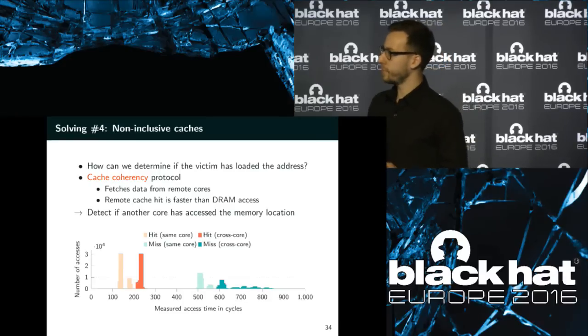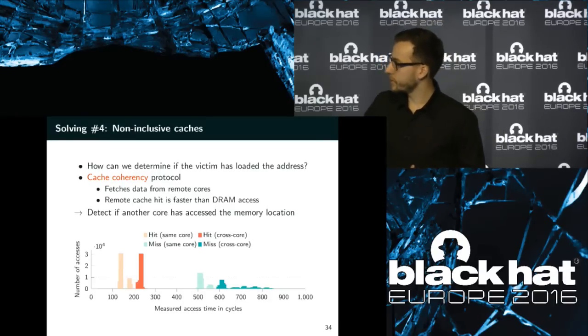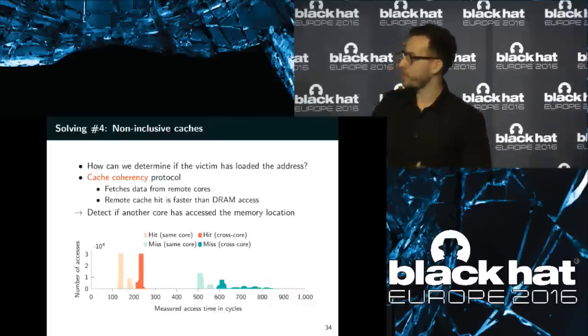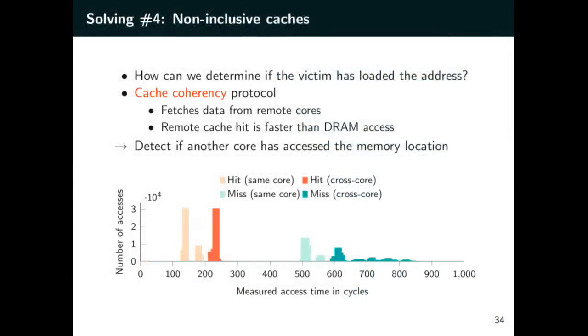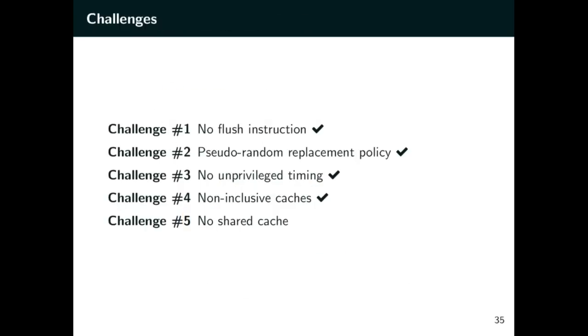And as you can see on the plot, while it takes roughly 100 cycles more to load the address from another core, it's still much faster than if we would have to make a memory access to the main memory. And we can exploit this to measure if the address has been loaded by the other core. So we can run cross-core attacks as well.